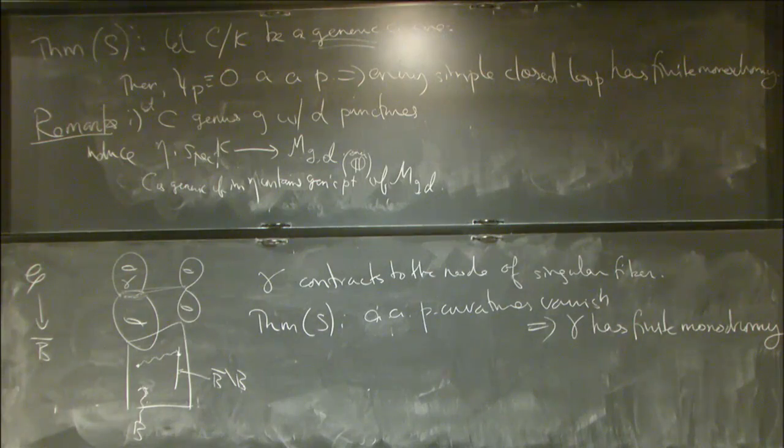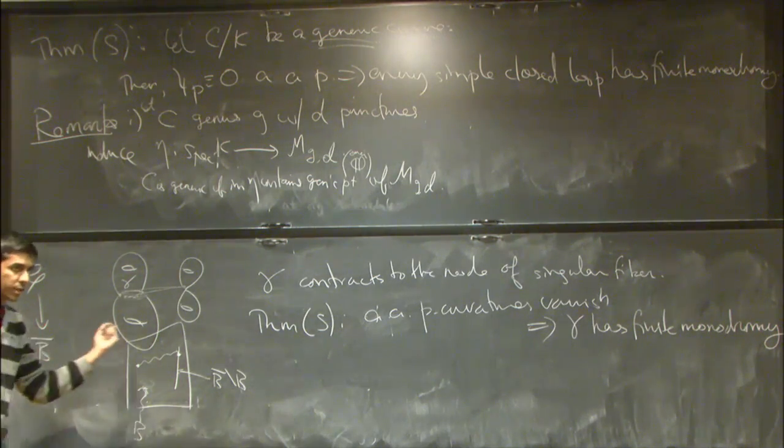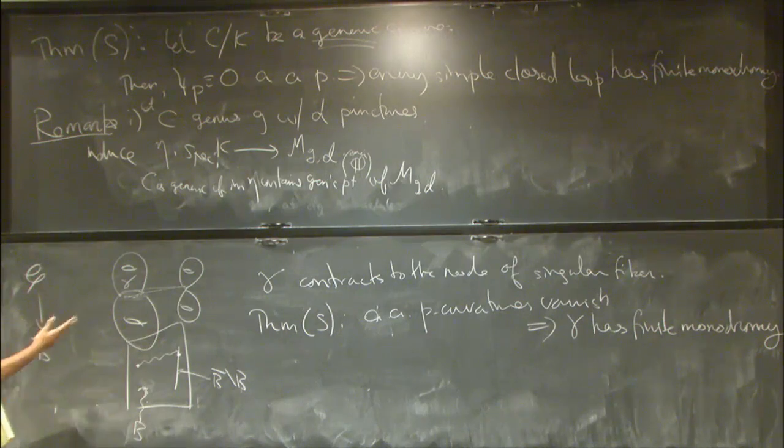And then you notice that if your family is a generic family, then every single simple closed loop can be pinched off to the node by choosing an appropriate degeneration to some boundary component. And so you can say that every single simple closed loop has finite order in the monodromy representation.